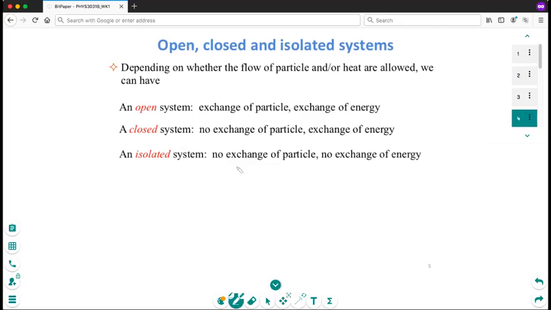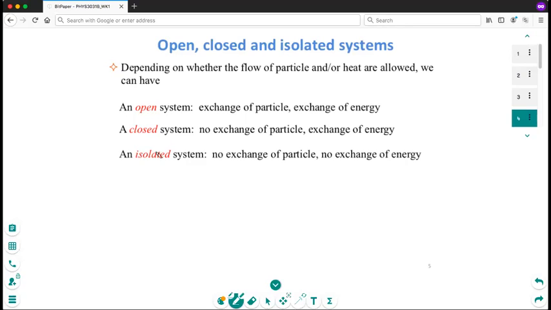An isolated system basically means that if I'm outside in the surroundings, I do not know about this system. This is of course an idealization. If you have a truly isolated system, you don't even know it's there. But for thermodynamics, we need to talk about this.